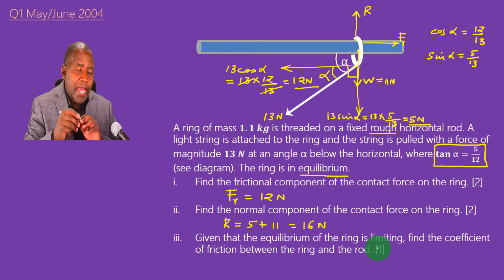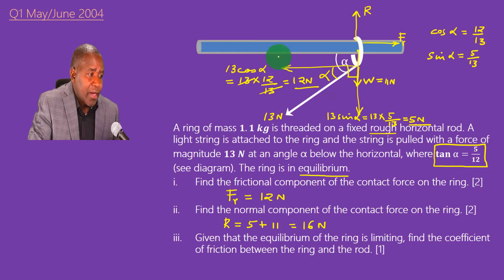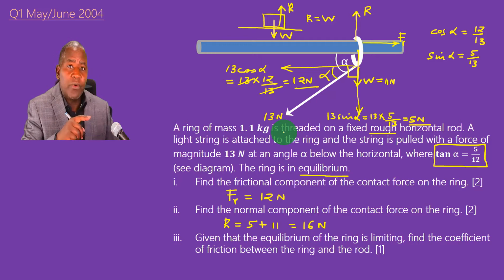At this point, I must sound an alarm. For those who have done very few questions on frictional force, they are used to a surface and an object on the surface, the weight of the object and R, and they end up saying R is equal to W. The normal component of the contact force is equal to the weight of the object, which is true for that particular situation.